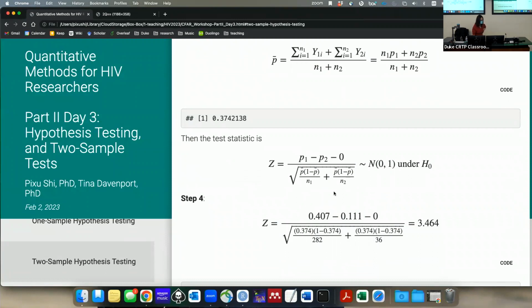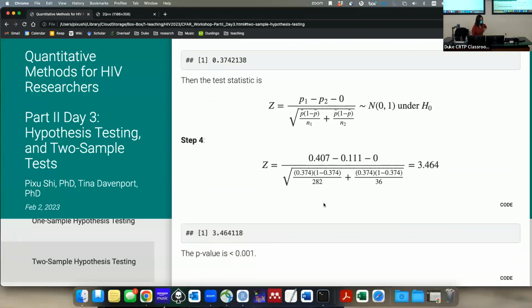So you know how large is large in a difference. This is related to the proportion. If you have a proportion that's very close to 0.5, this thing will be larger. If your proportion is more to the extreme, 0.1 or 0.9, this thing will be smaller.